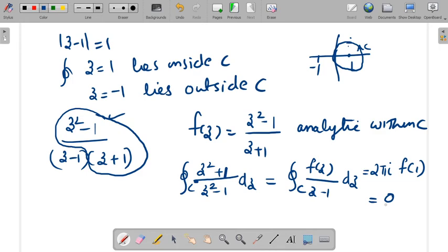Right. This integral is equal to 0 in the second case as well.